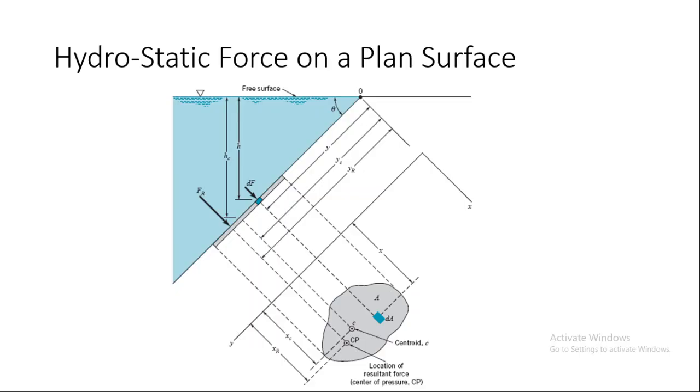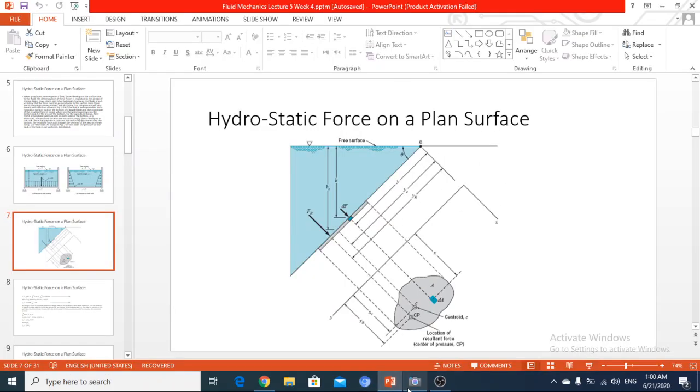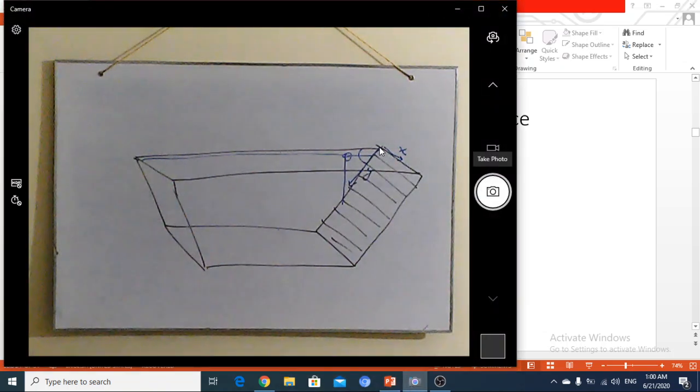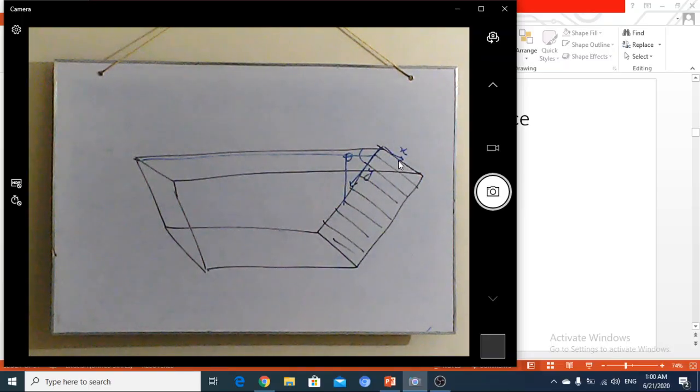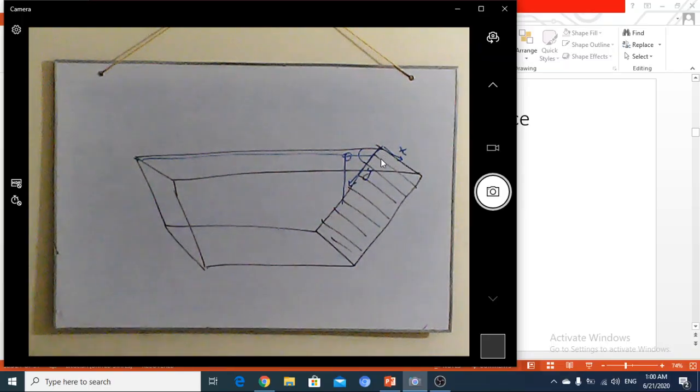The x-axis is not so complicated. If I am talking about the x-axis, x is nothing but a distance from the origin point, and I am moving from this part in this direction, which is considered the positive x direction.